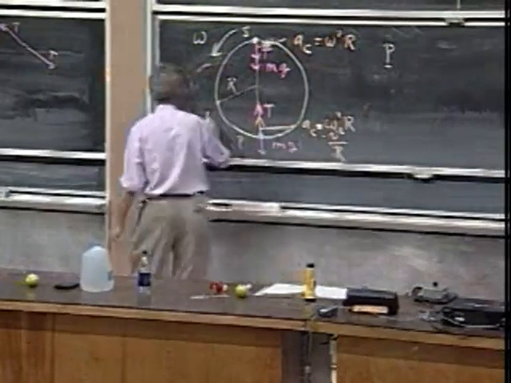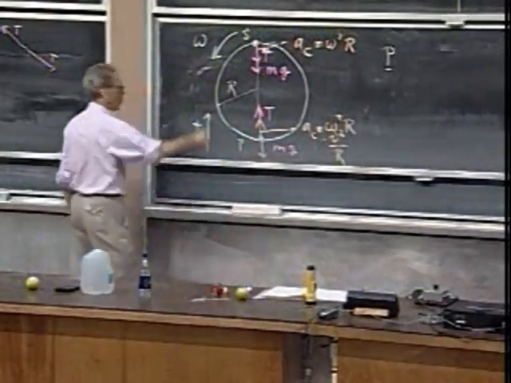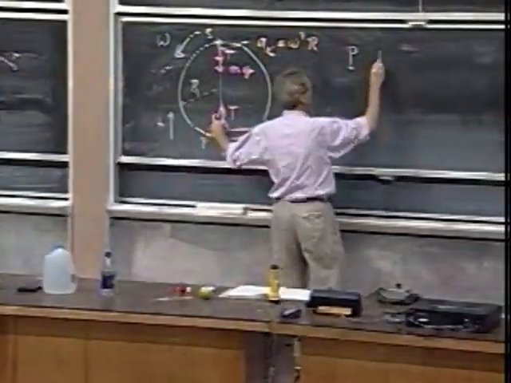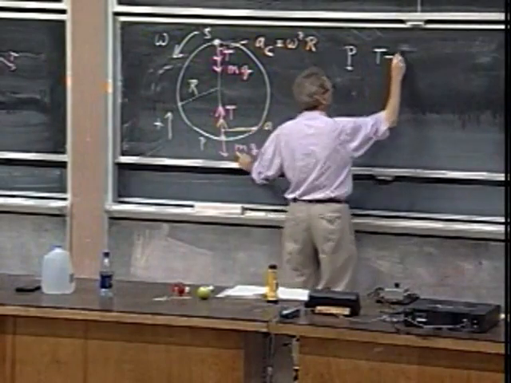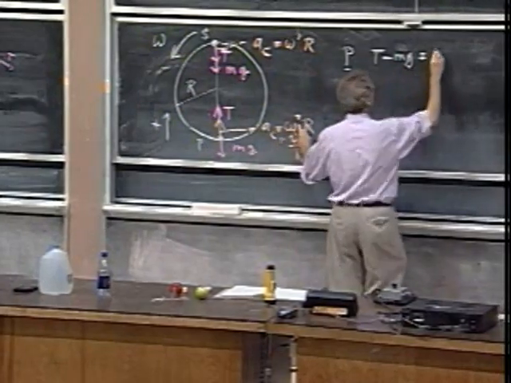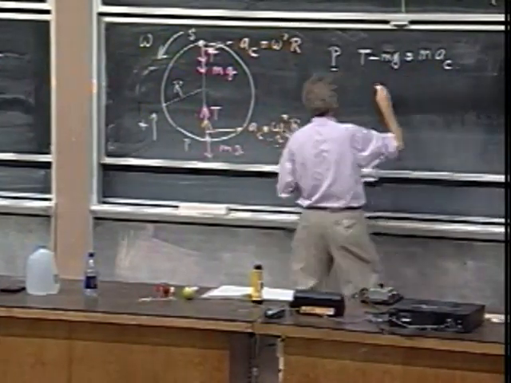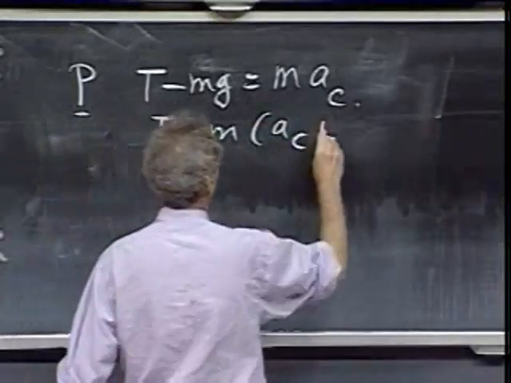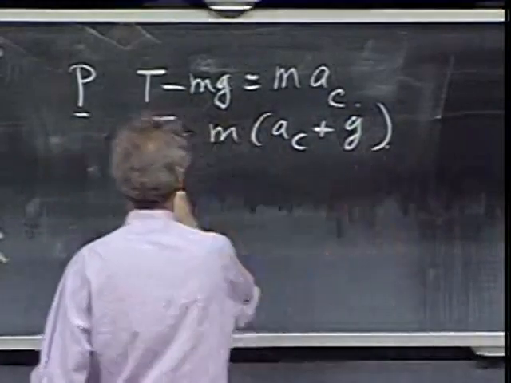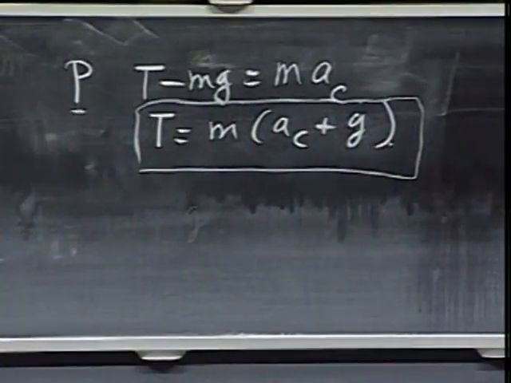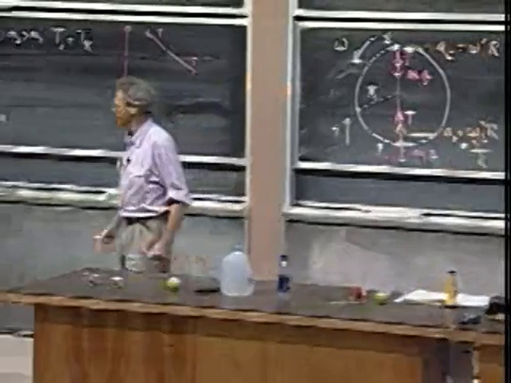And I will call this plus, and I'll call this minus. So what I get now is that T minus mg must be m times the centripetal acceleration. So T must be m times the centripetal acceleration plus g. Hey, that looks very familiar. It looks like someone is being accelerated in an elevator.